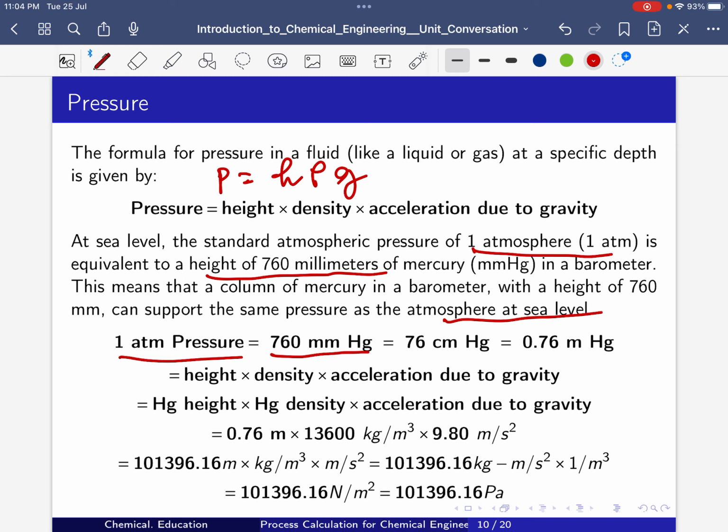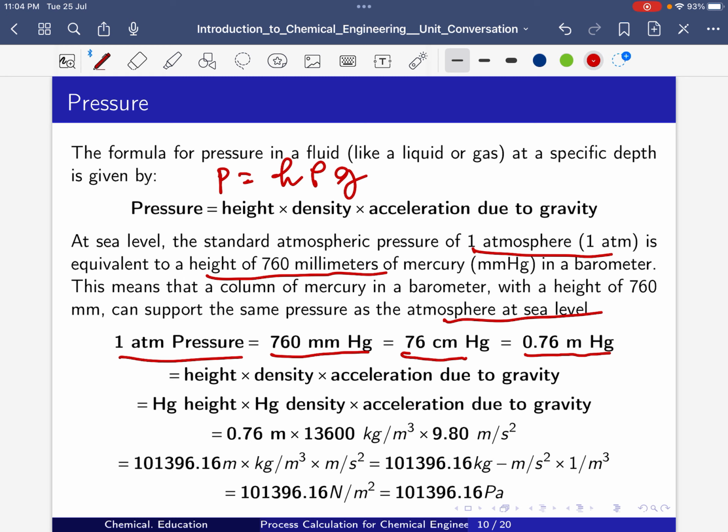Now if we convert 760 mm to cm, that is 76 cm Hg. And if you convert cm to meter, that is 0.76 meter Hg. Now we know that P is equal to height into density into acceleration due to gravity. Here height is the Hg height, density means Hg density, and acceleration due to gravity.